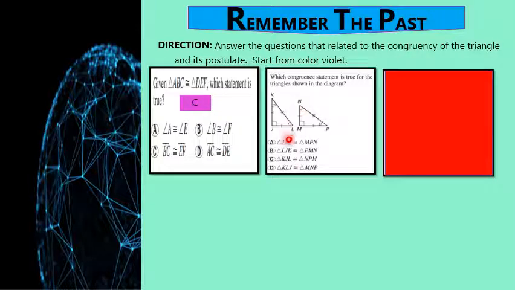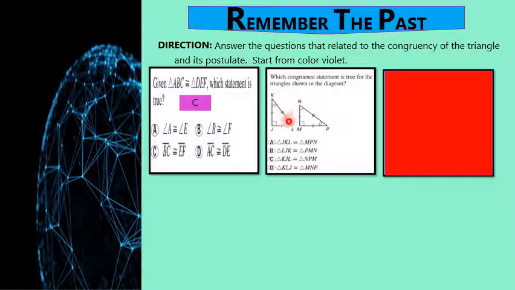For letter C, triangle KJL, then congruent to triangle NPM. Letter D, triangle KLJ congruent to triangle NNP.